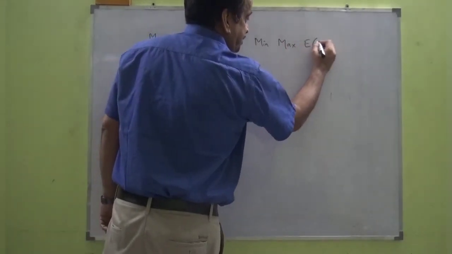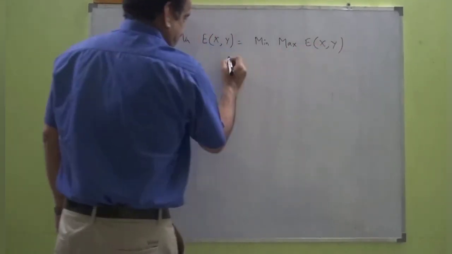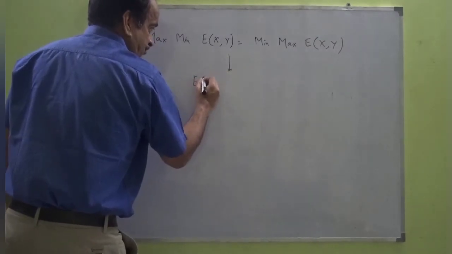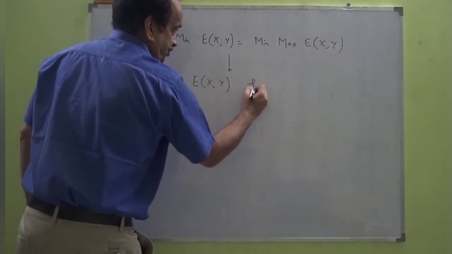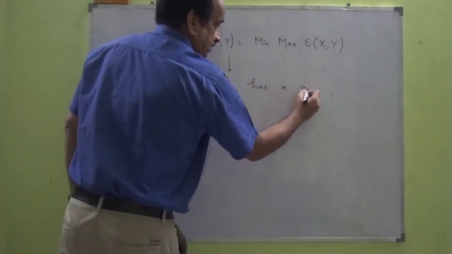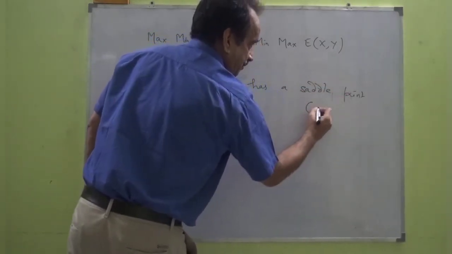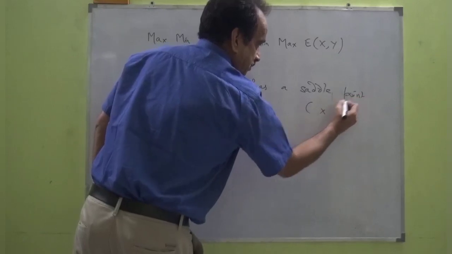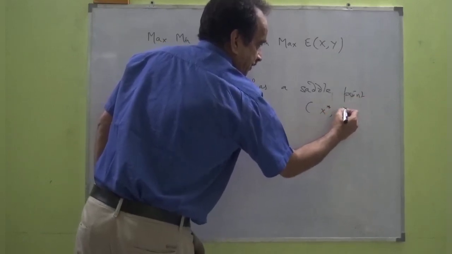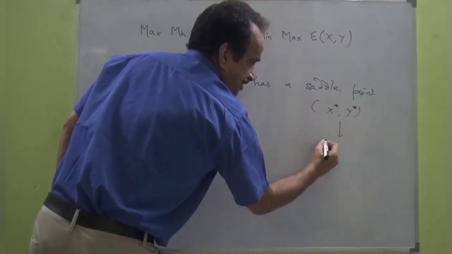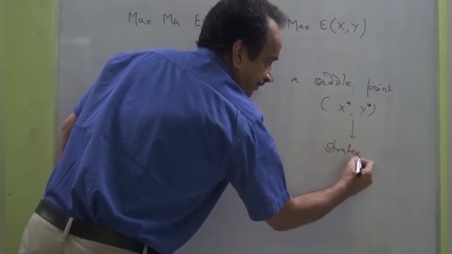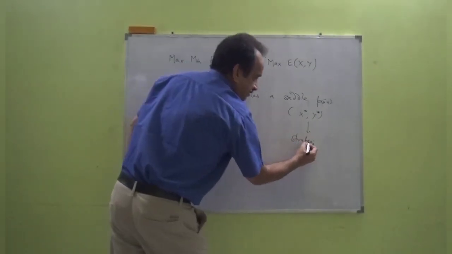Now this guarantees that the expectation function E(X,Y) has a saddle point, say (x star, y star). We call this a strategic saddle point of the game.